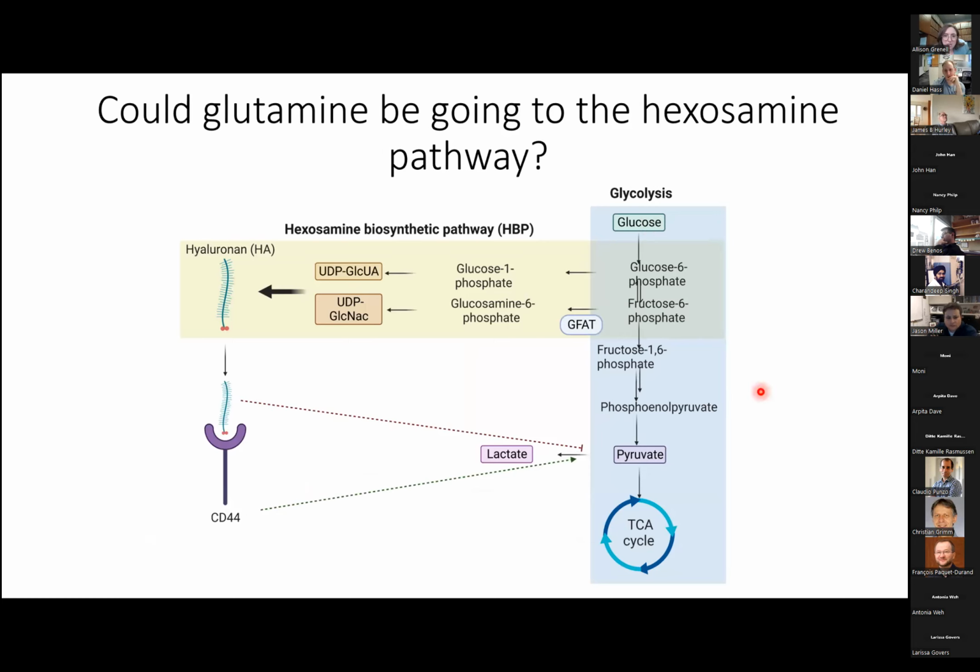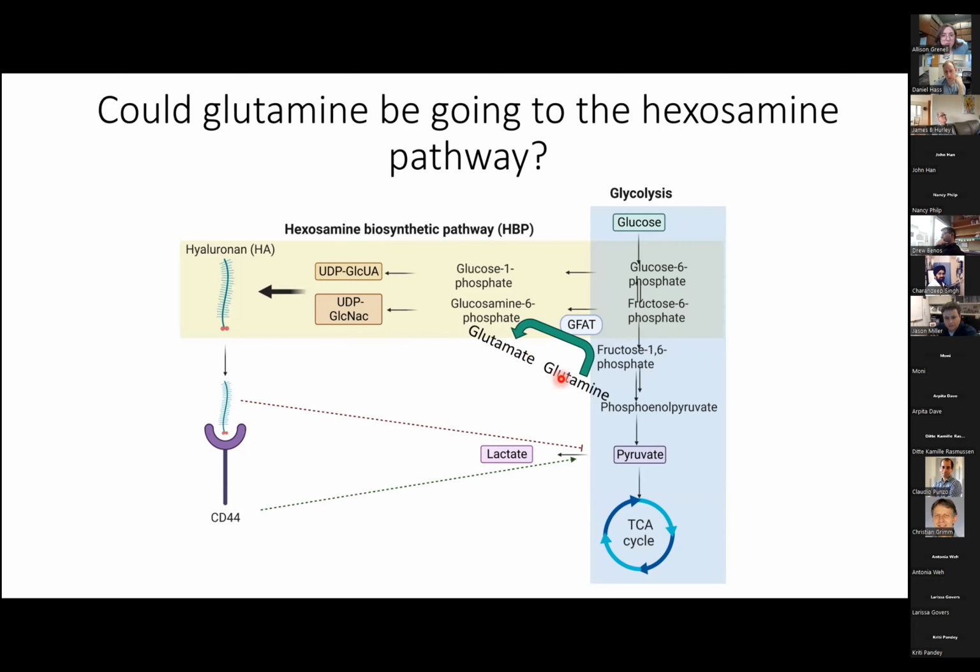We have glycolysis right here, and the hexosamine pathway branches off from glycolysis, and the rate limiting step of the hexosamine pathway is GFAT, where glutamine is converted to glutamate.